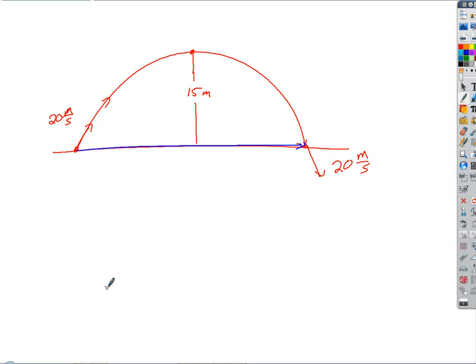Now, it might do some work at an earlier point. If I were to pick, for example, how much work it had done at that point, that's going to be non-zero, isn't it? Because the displacement from there to there definitely has an angle associated with it relative to the direction of gravitational force, so we are going to get a component.